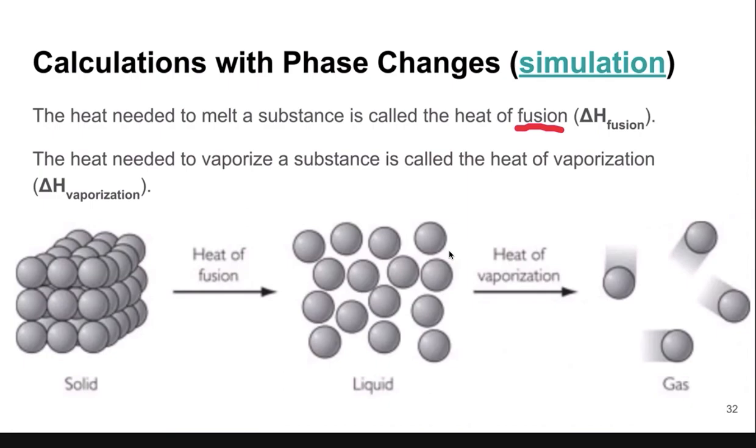So this fancy term heat of fusion just means how much heat do you need to melt something. Again, that would be specific to a substance. The heat of fusion for water should be different from that of, let's say, aluminum. Again, the heat you need to vaporize something is called the heat of vaporization.